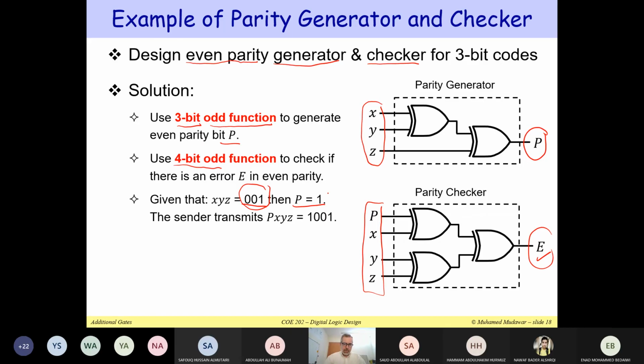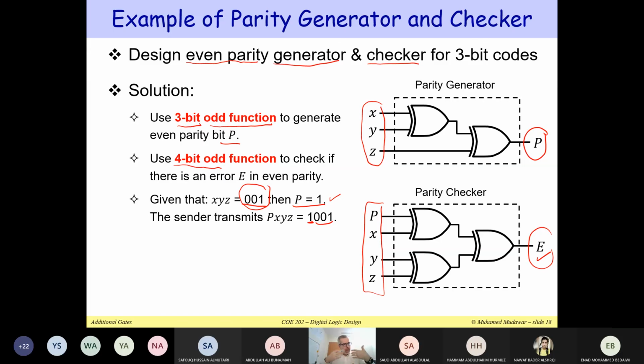So the transmitted data will be: the parity bit here is 1, and this is my data XYZ. So in total, we have an even number of ones. Now the sender is going to transmit 1, 0, 0, 1. At the receiver side, the receiver should receive 1, 0, 0, 1.